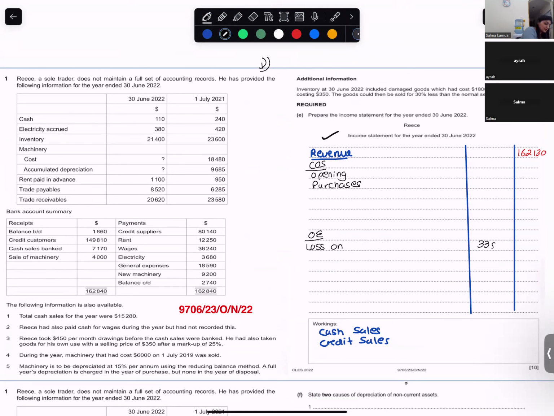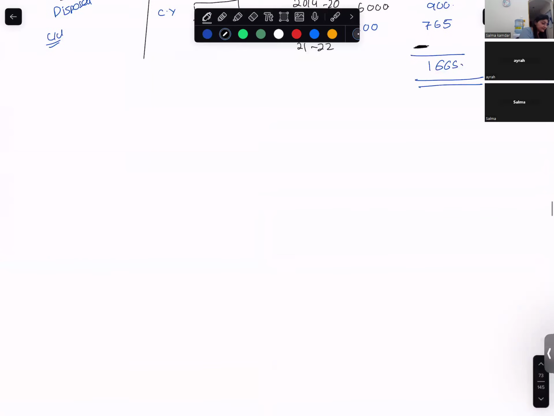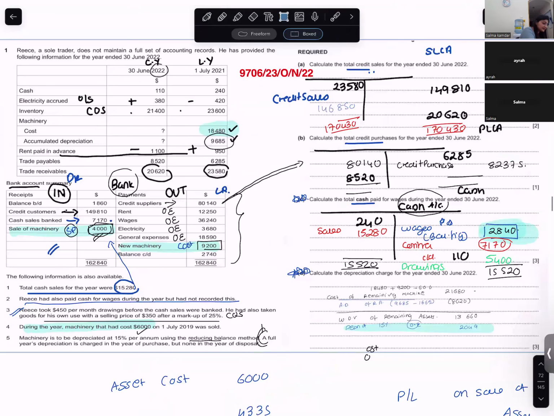Disposal. So you use the words loss on disposal of assets. How much? 335. And depreciation of assets sold. Asset name is what? Machinery. How much? 2049. Are you with me? Okay, fine.